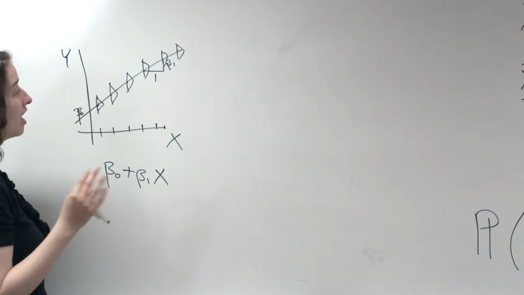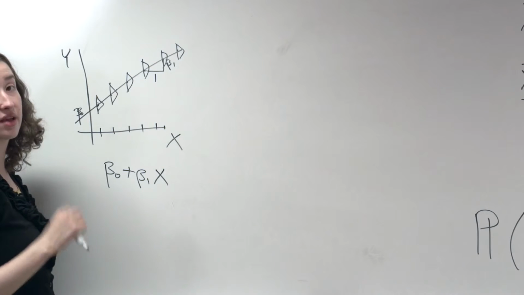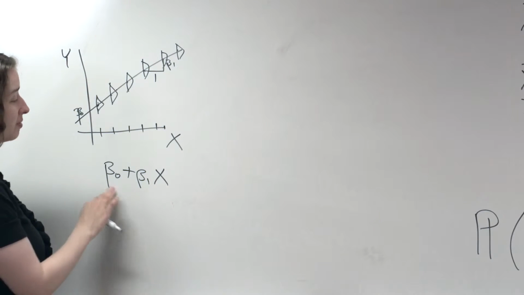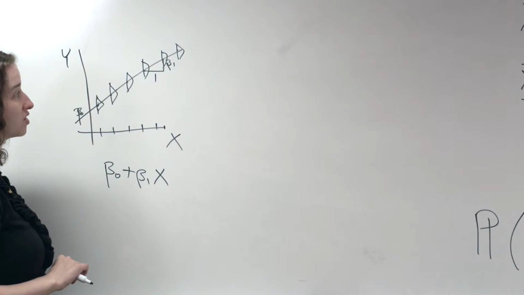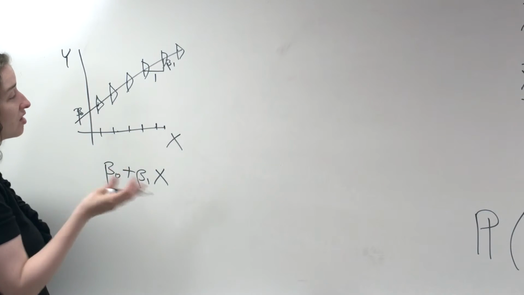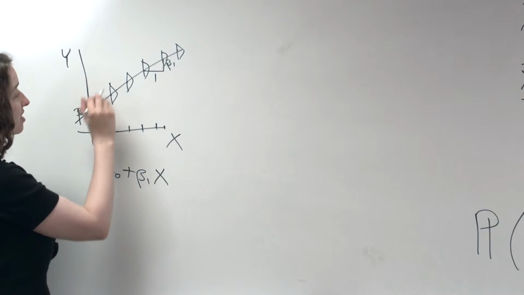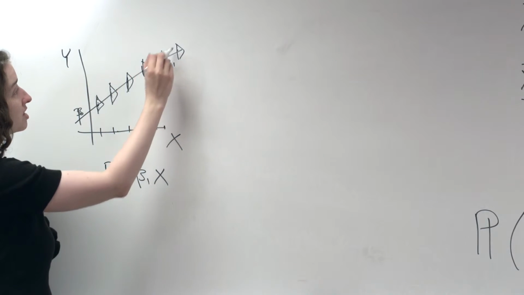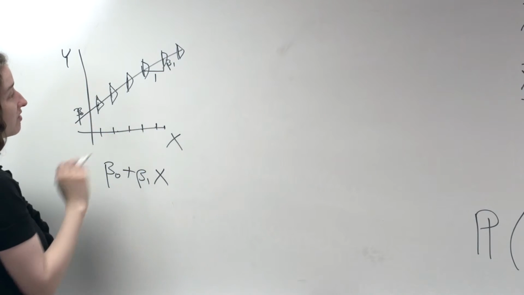Add some error from a normal distribution with mean 0 and variance sigma squared. And we have to pick beta 0, beta 1, and sigma squared. And then what we end up with is a data set that contains a bunch of x's, which are arbitrarily chosen, and y values that were sampled from normal distributions centered at the line given x.